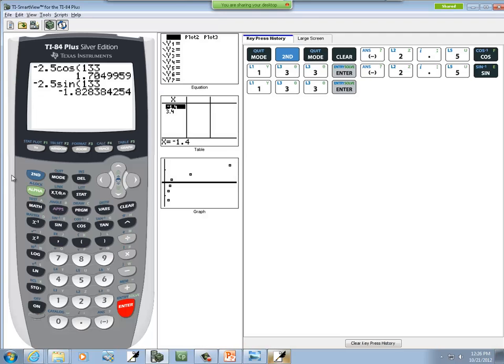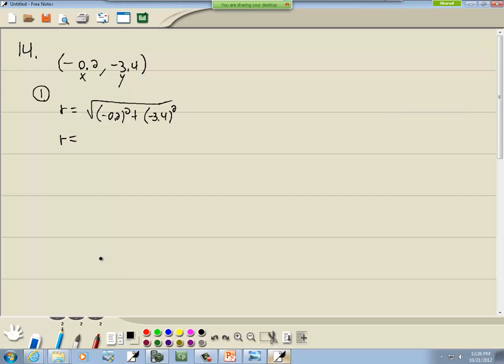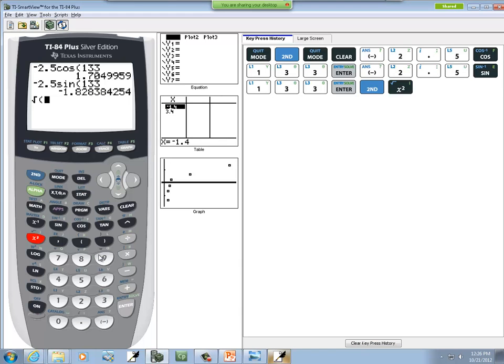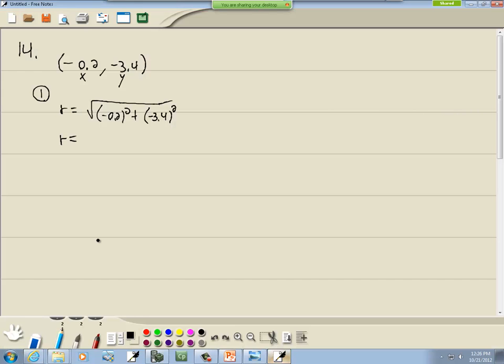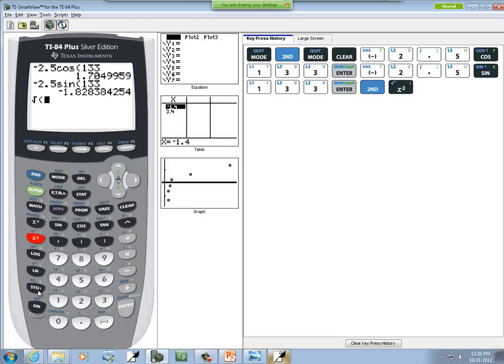And let's see what that gives us. Maybe I ought to do this in 2 different pieces. Sometimes students have a hard time with parentheses on these.